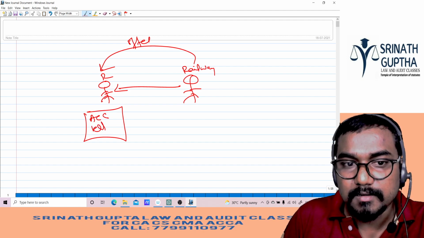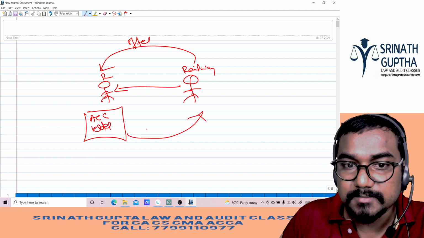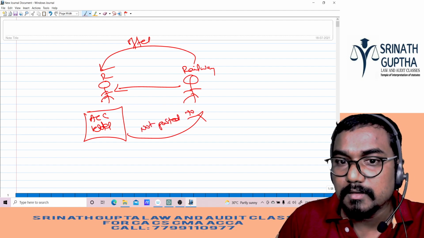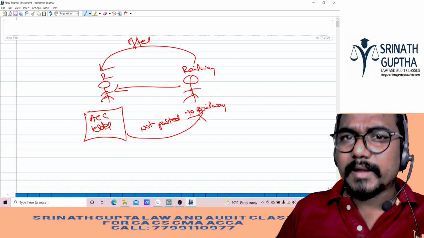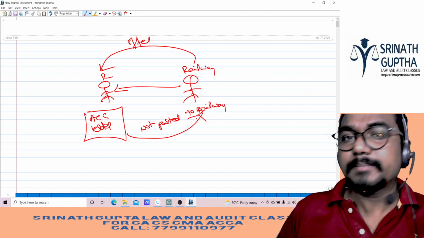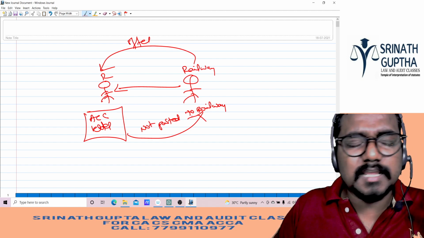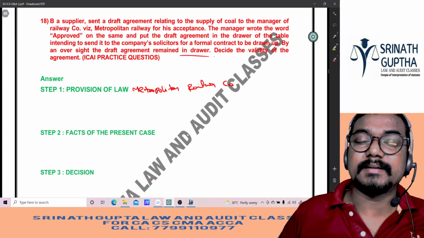He has written the acceptance letter, but it was not posted to the railway company. Beta, when you are not posting, is it a valid acceptance, beta? It is a perfectly invalid acceptance, because writing the acceptance is not important. Communicating the acceptance is important.